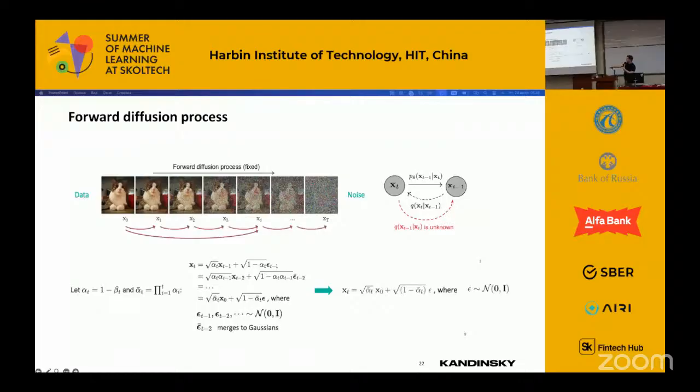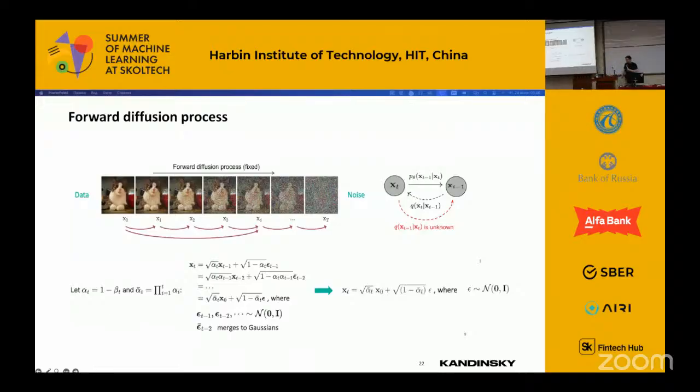From this equation you can conclude that xt can depend only on x0, so you can obtain xt directly from x0 by using other coefficients, which I write in the following.